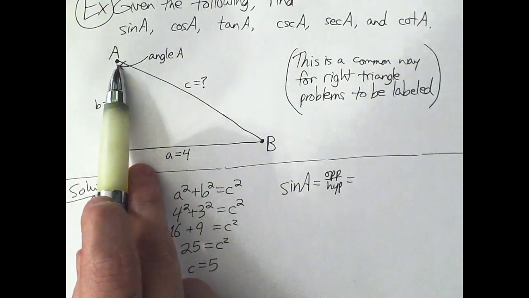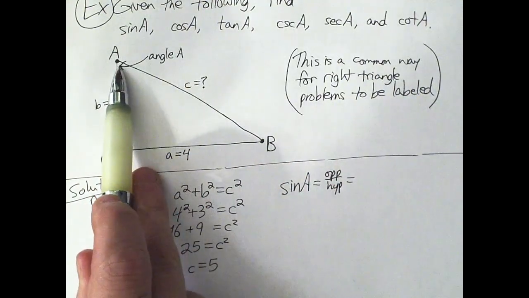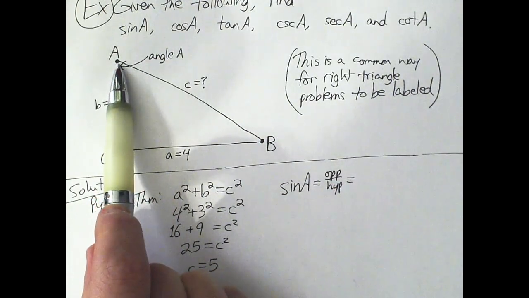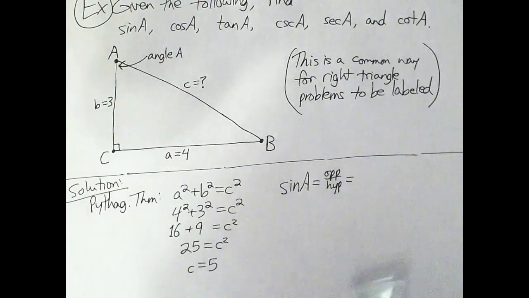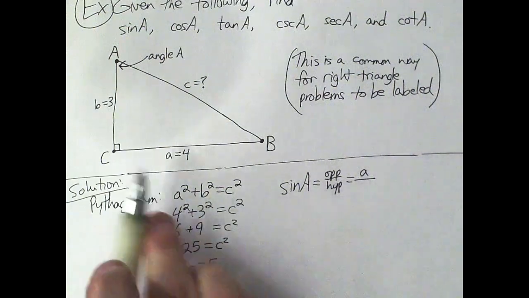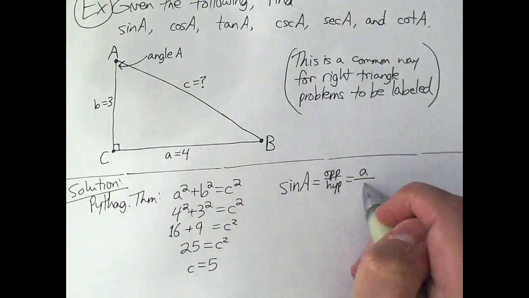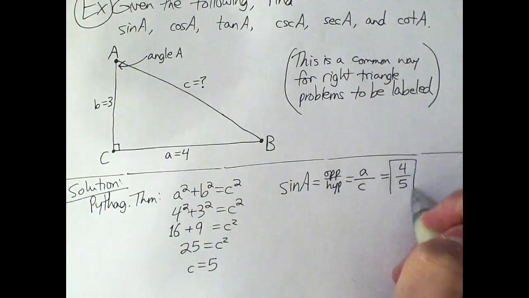But this is the angle of interest for all 6 of these. So from the angle A, which side length is opposite from it? The one that's opposite from it is 4. Or we could call it lowercase a. And the hypotenuse is always the thing that's opposite from the right angle. So this is a over c. And the answer to this is 4 over 5.